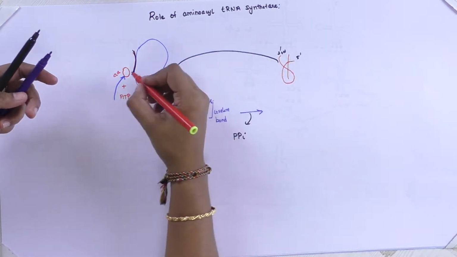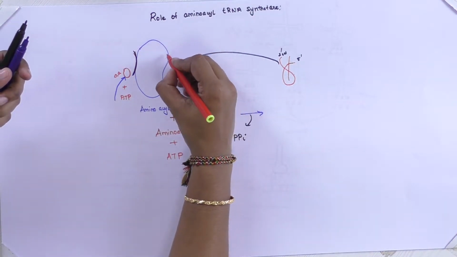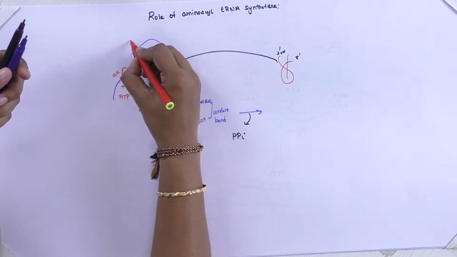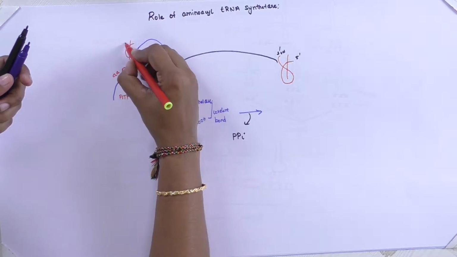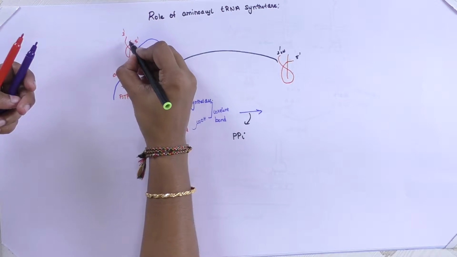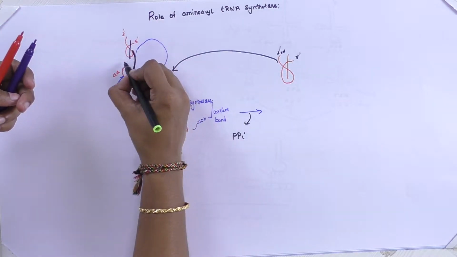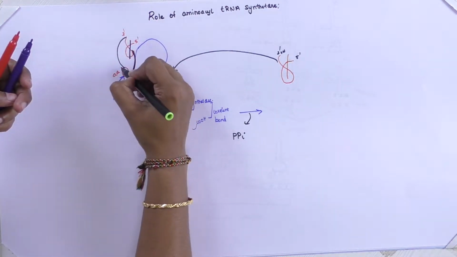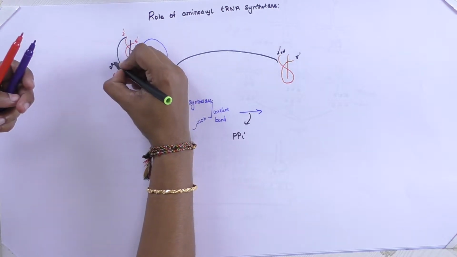Once the tRNA molecule comes and binds here, at the 3' and 5' ends, the 3'OH will join to the amino acid group.